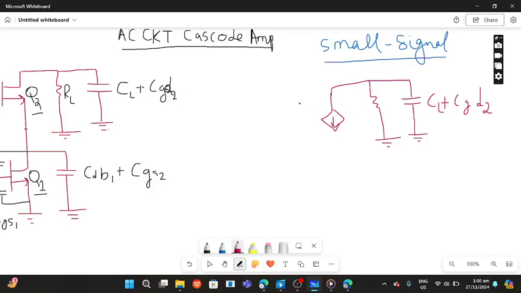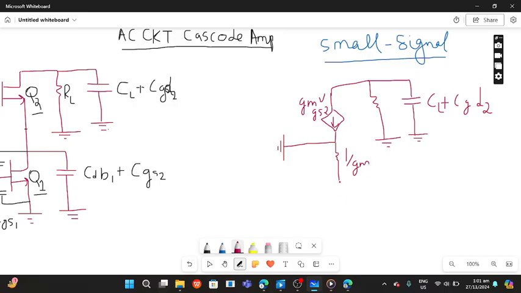It was gmVGS2. Your gate is grounded. Then we have another resistance, 1 over gm.